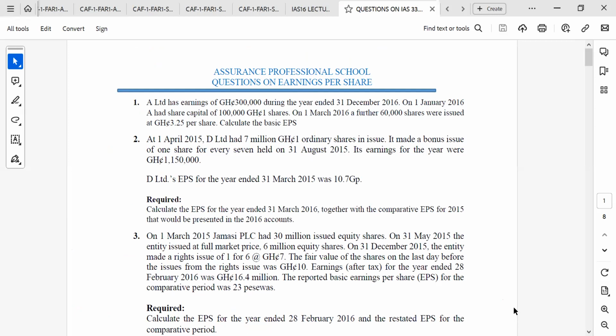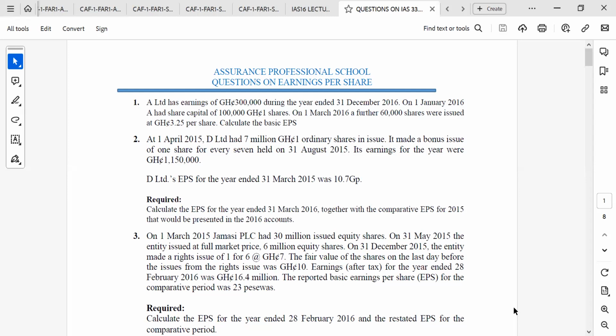Question 2. At 1 April 2015, D Limited had 7 million 1 peso ordinary shares in issue. It made a bonus issue of 1 share for every 7 held on 31st August 2015. Its earnings for the year were 1,150,000.